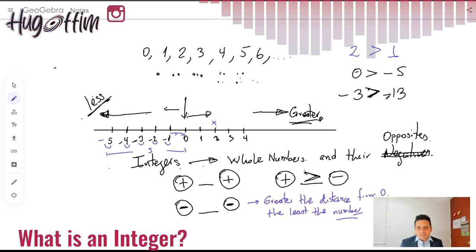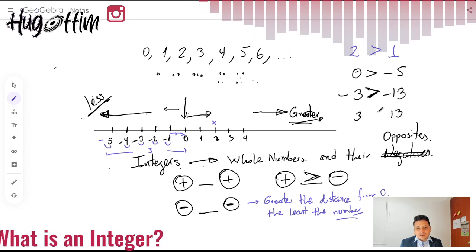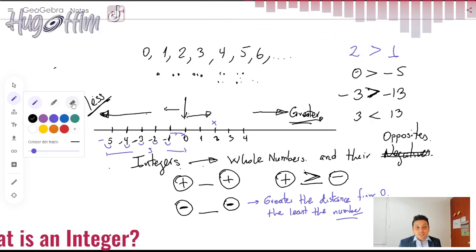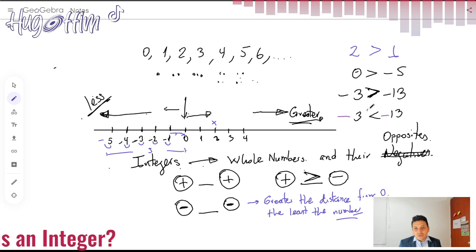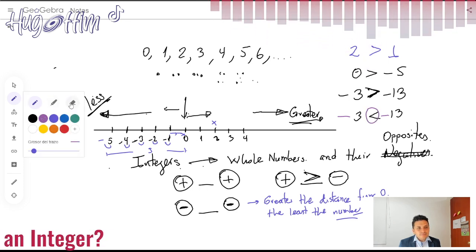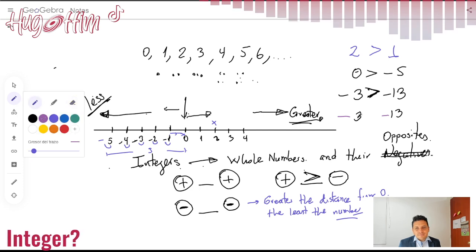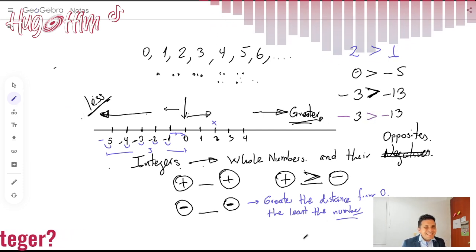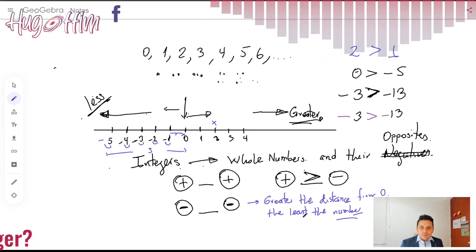How can you think in terms of the opposite? 13 and 3, which one is greater? 13, right? But I'm doing the opposites, so I need to do the opposite. This is another way of thinking of how to order numbers in the number line.